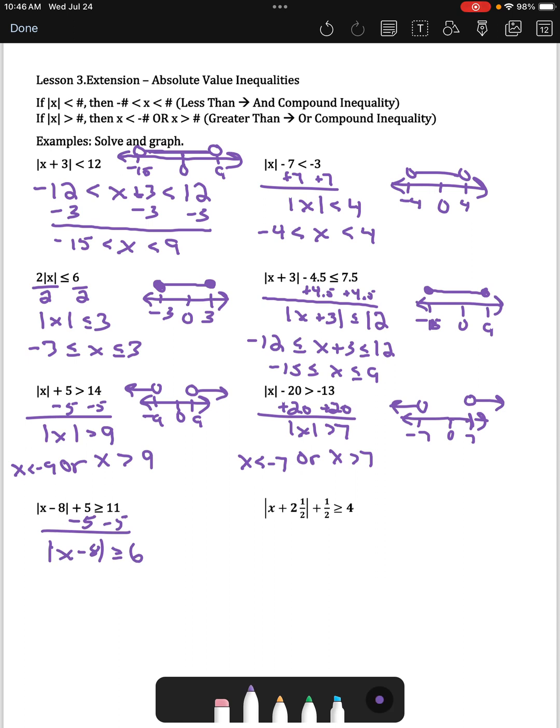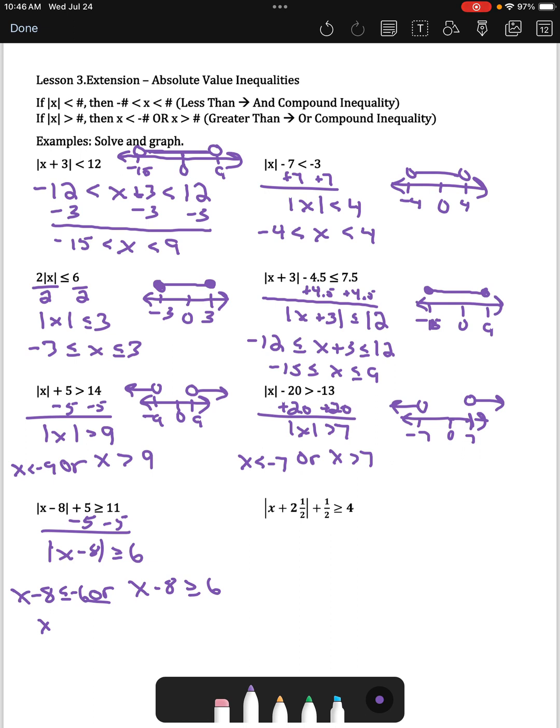But remember, the first obvious statement is, okay, well, this will be true if x minus 8 is actually greater than or equal to 6. But it can also be true if x minus 8 is less than or equal to -6. We just want x minus 8, the expression, to be more than 6 steps from 0. You can accomplish that by being either more than or equal to 6, or by being less than or equal to -6. Solve each one of these independently.